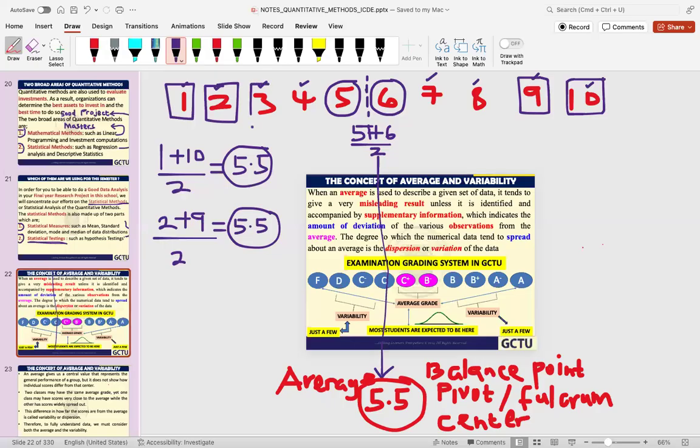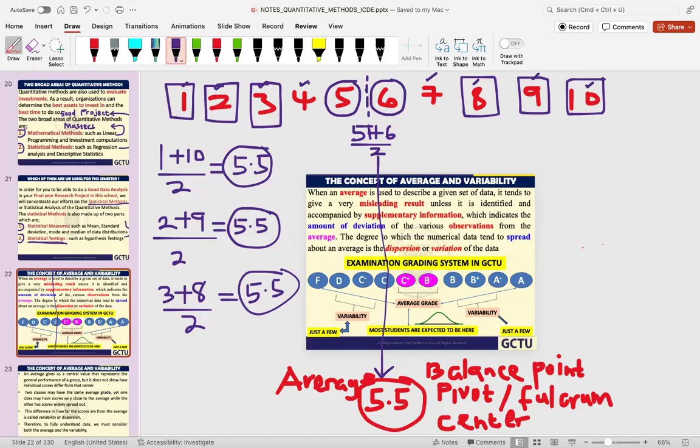When you pick 3 and then you pick 8 and you put them together, 3 plus 8, and you divide by 2, you still have 5.5.